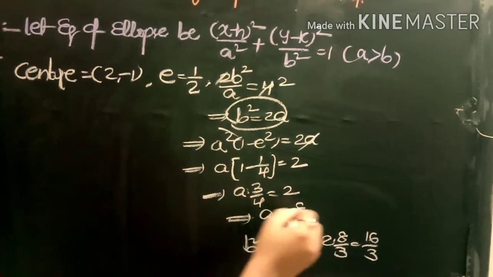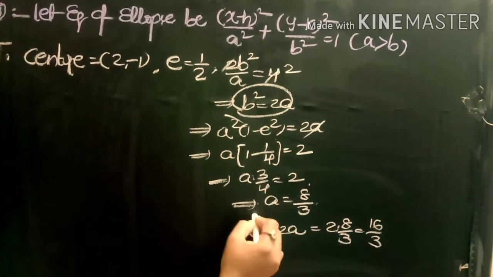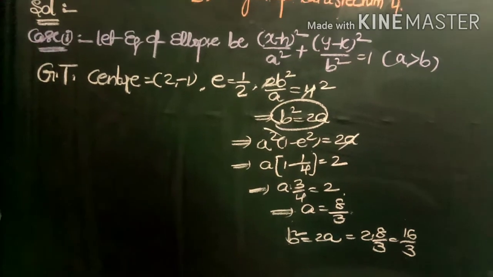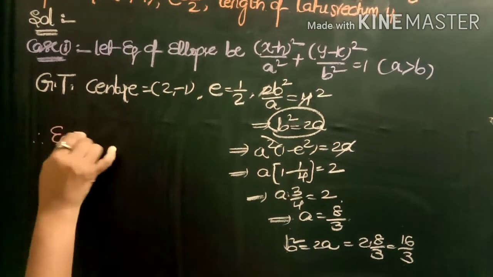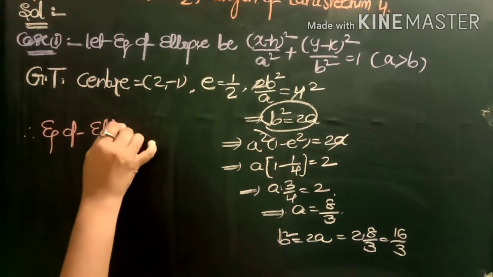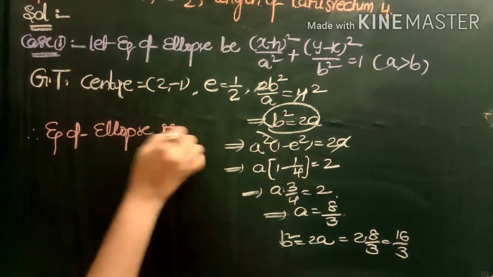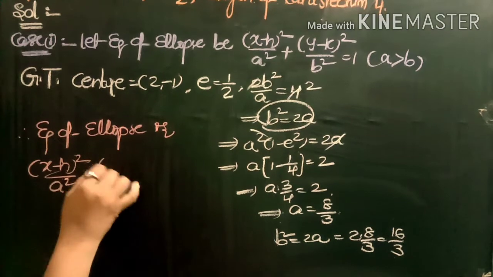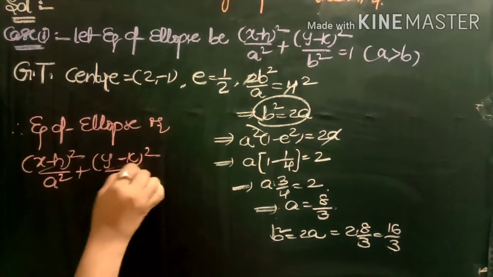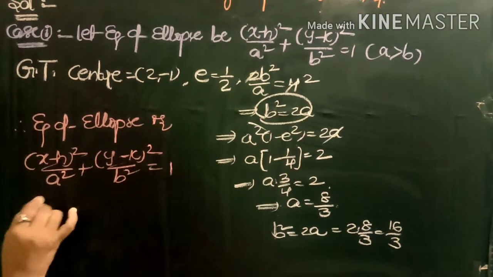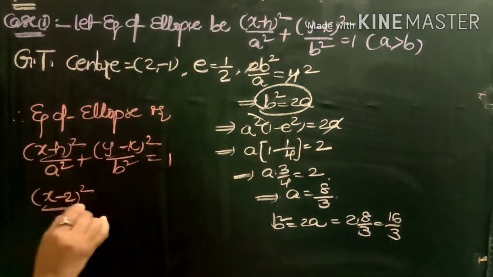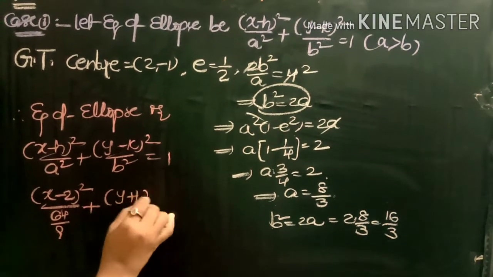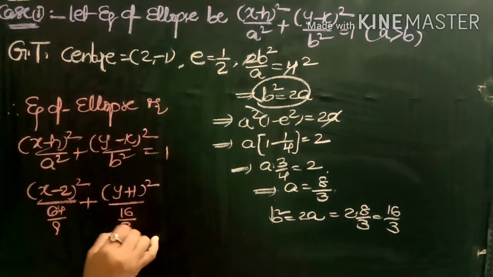Therefore the value of a square is equal to 64 by 9 and the value of b square is equal to 16 by 3. Therefore the equation of the ellipse is (x minus h) whole square by a square plus (y minus k) whole square by b square is equal to 1. Now replacing the values, (x minus 2) whole square by 64 by 9 plus (y plus 1) whole square by 16 by 3 equals 1.